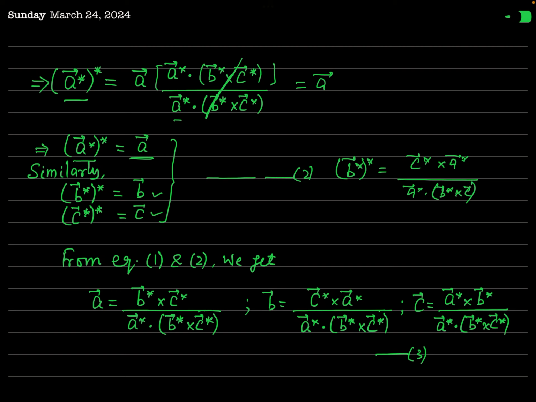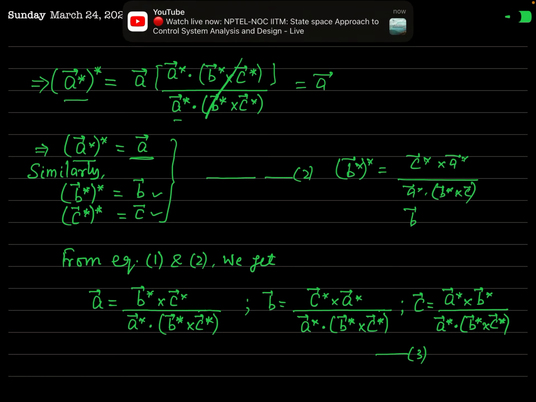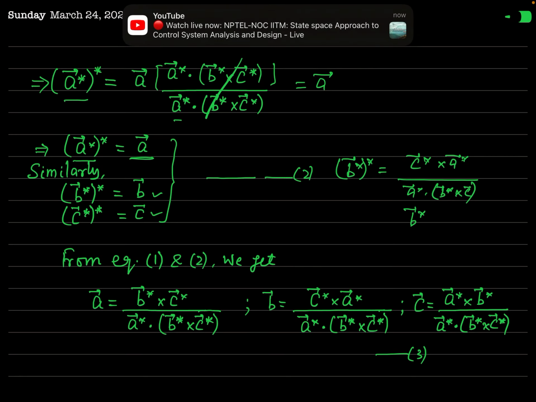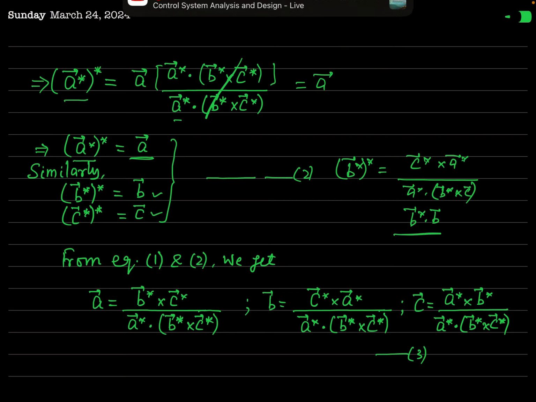And now we will take the scalar product of this with B star dot B. In a similar manner, when you proceed, you will get the result that B star star is equal to B, and in the same way you can also prove that C star star is equal to C.